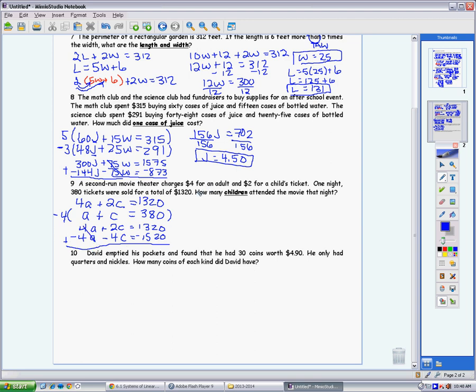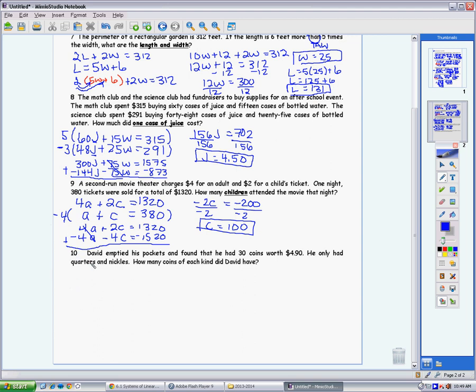That eliminates A, and I get -2C equals -200. And I'm going to divide by -2. And my C equals 100. So that means they sold 100 tickets to children. And I didn't have to find the adults. So whenever they ask for one variable, eliminate the other one.